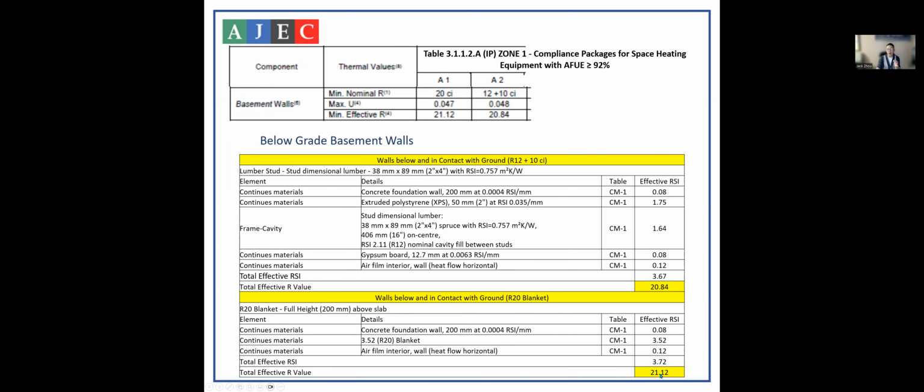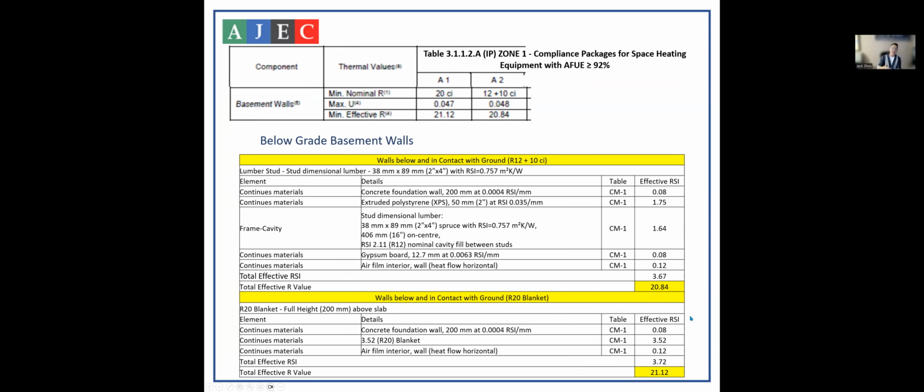So R21.12 is more energy efficient than R20.84. I can also tell you that an R20 blanket wall is much cheaper than an R12 plus R10 CI wall. As a builder or a homeowner who wants to do renovations, this wall is probably the cheapest wall you can build to meet compliance when you're building to SB12.